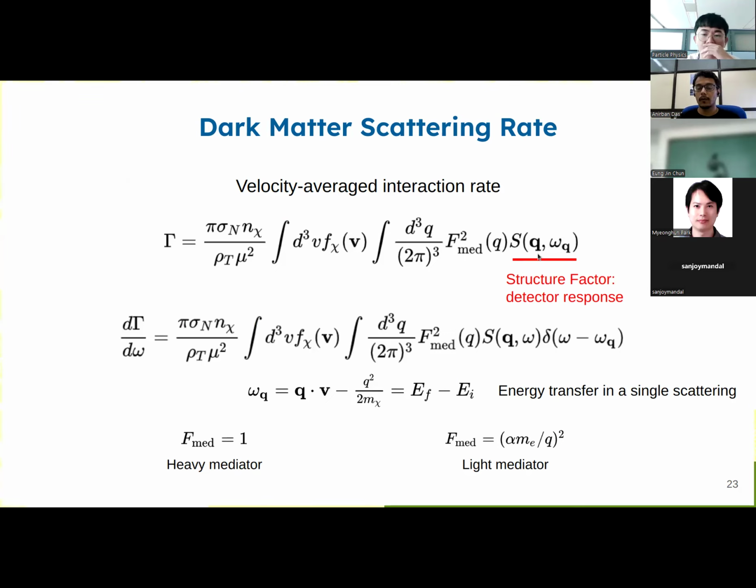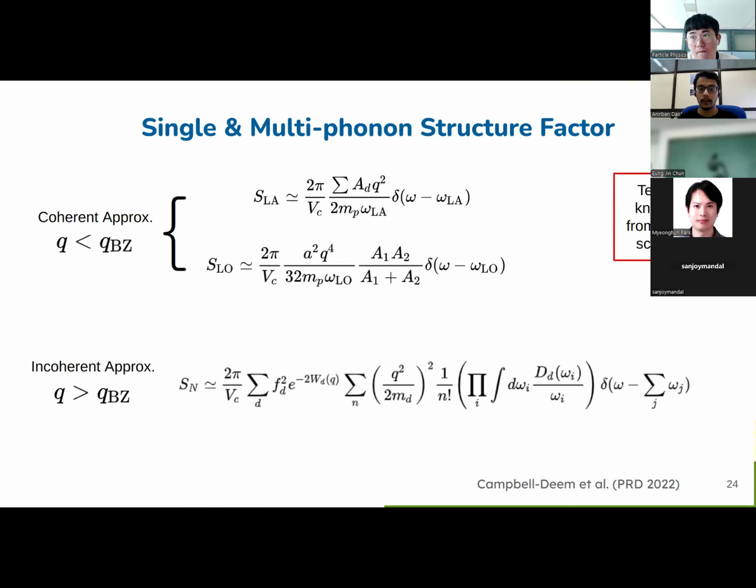And this can be calculated from first principles, if the system is simple enough, or you can do an experiment and measure this quantity directly. In our case, we are using crystals like aluminum and silicon, which are also widely used in the dark matter experiment community, and we can calculate it.